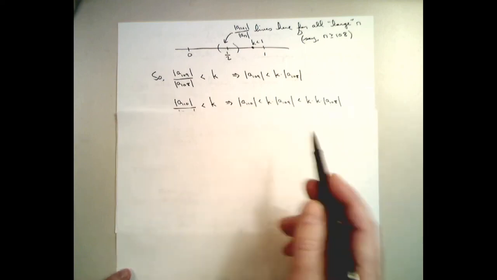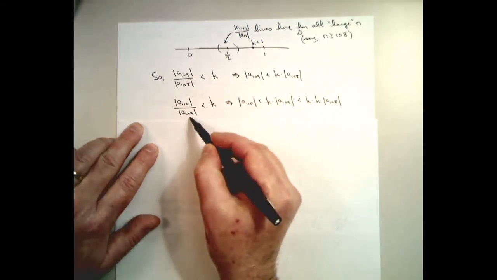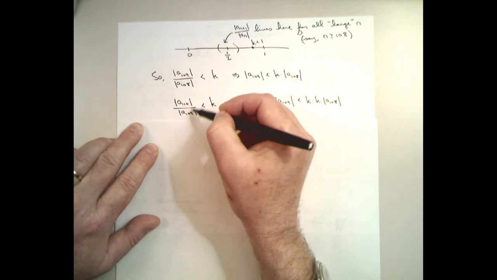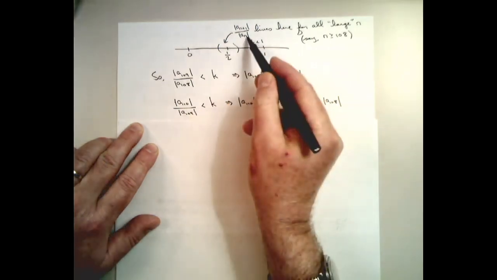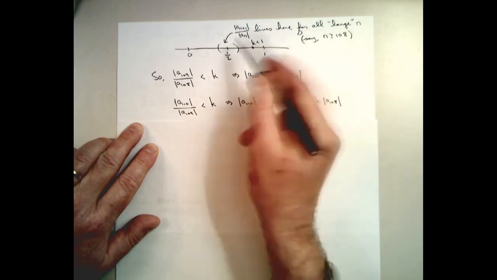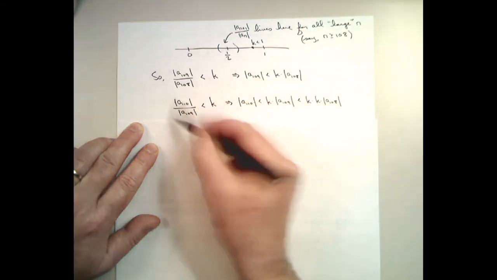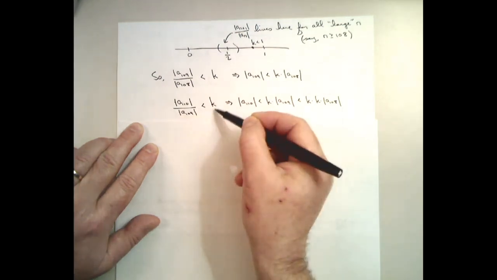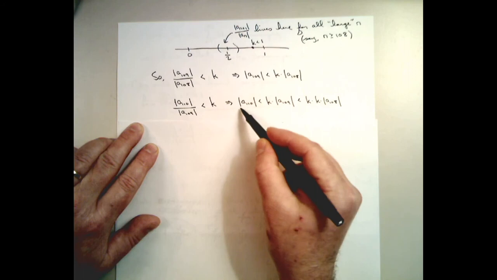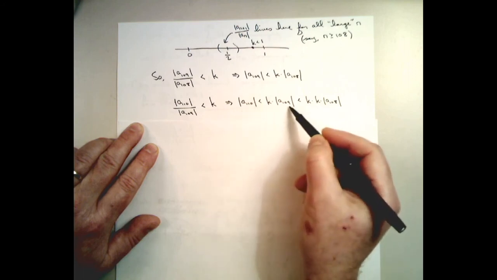It also says that the 110th term divided by the 109th term is less than k, because 109 is bigger than 108, and for all n's bigger than 108 this is true. A little algebra tells us that the 110th term is less than k times the 109th term.